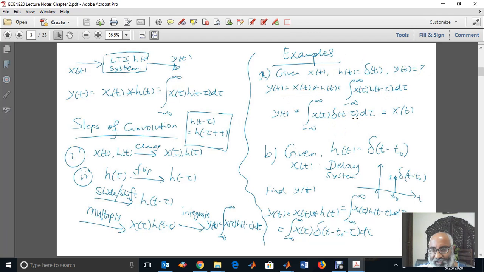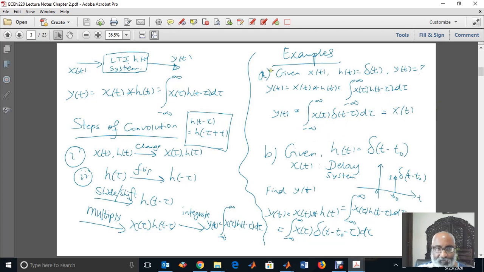It is infinity at t equal to tau, 0 otherwise. So this multiplication will be 0 except at t equal to tau. Then at t equal to tau, x tau is in fact x of t. Then x of t will come out of the integration. Then it will be the integration from minus infinity to infinity of Dirac t minus tau, but the integration of the impulse is 1. Then finally we get the result x of t.